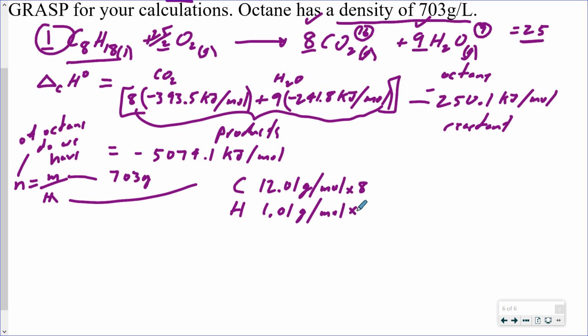We're going to take this number and multiply it by 18. So when you do that, 12.01 times 8 plus 1.01 times 18, what that gives you is now the molar mass for our octane. And that works out to 114.26 grams per mole.